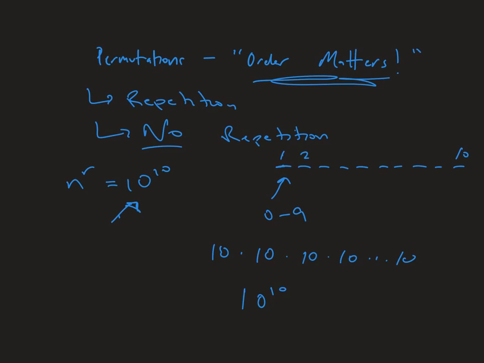So now let's look at the exact same example, but without repetition. So let's say you're making a phone number, but the digits can't repeat. So in that case, each digit is used once, right? Because you have 10 places and 10 digits.